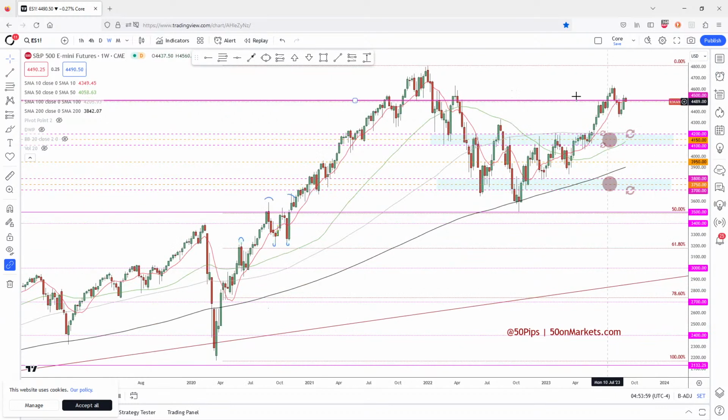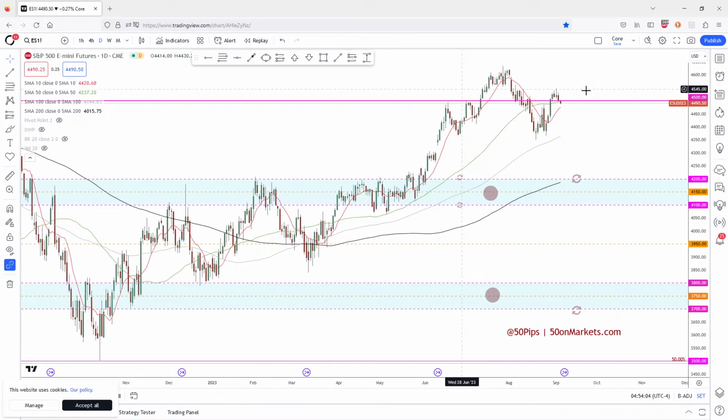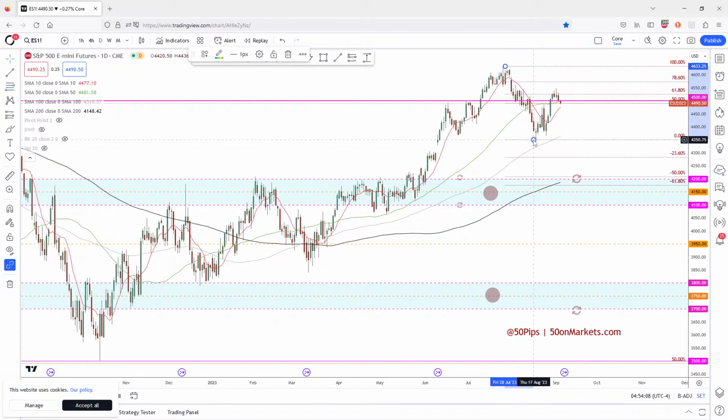Shorter term, what's happening is we're stalling at these highs. We can't hold the 50 back. We can't hold, sorry, the 4,500, and we're getting sold in a sloppy manner at the 61.8.